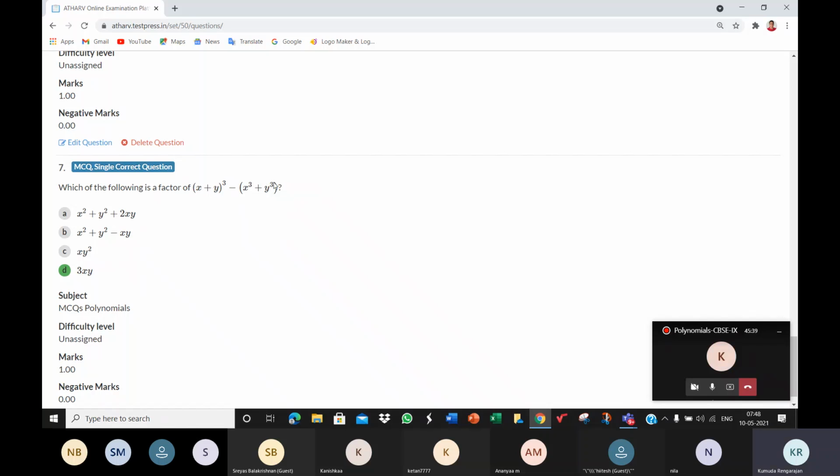You just have to work this ahead, simplify this. On simplifying, we get 3x square y plus 3xy square. But since we have to find a factor, we need to put the result in a product form. So we take out 3xy common. So 3xy into x plus y, which means 3xy is one factor of this expression and x plus y is the other factor of this expression.